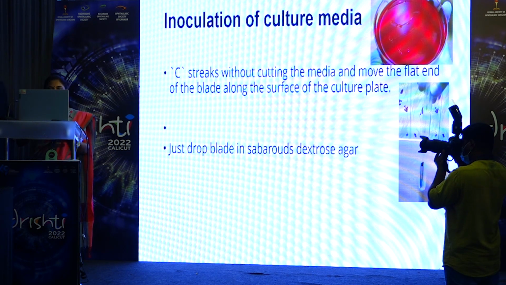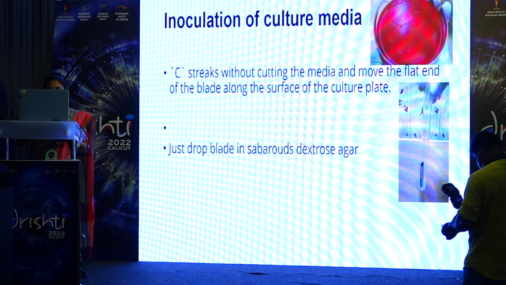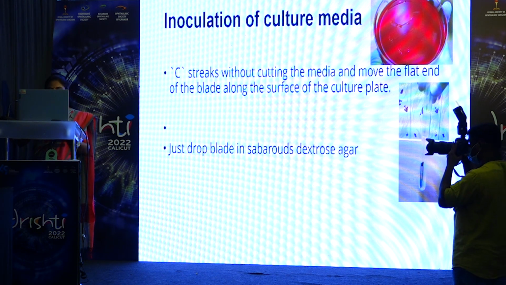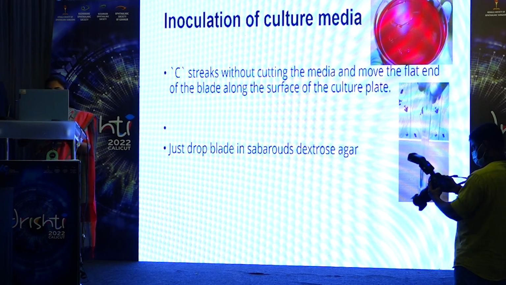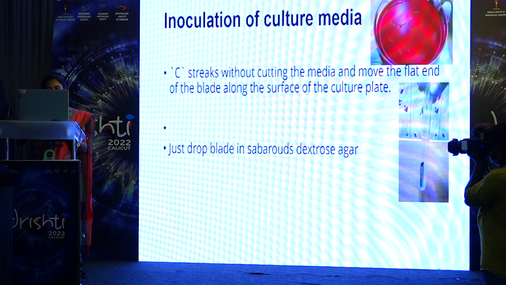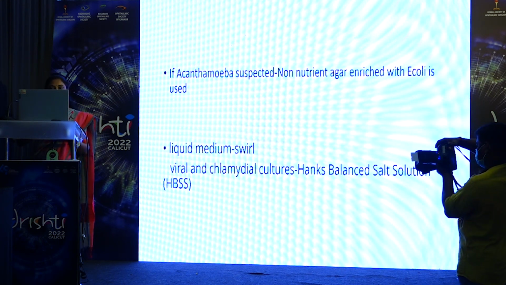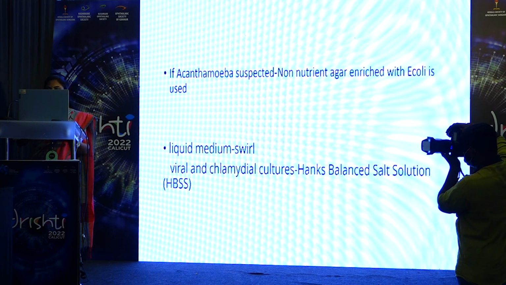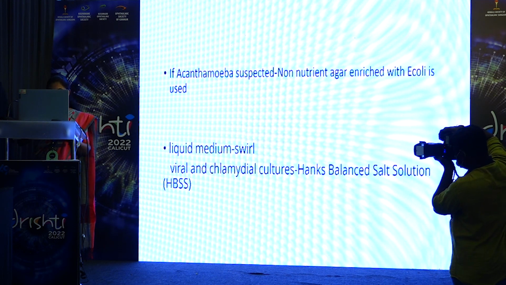When you take the cultures, in the blood agar culture, we should make superficial strokes on the plate in the shape of a C. Multiple strokes are made, and for the Sabouraud's dextrose agar, the blade is directly dropped into the media and sent for examination. Now, if Acanthamoeba is suspected, you may have to use 1 more extra media, that is the non-nutrient agar enriched with E. coli. And if liquid media is used, you have to swirl the medium.